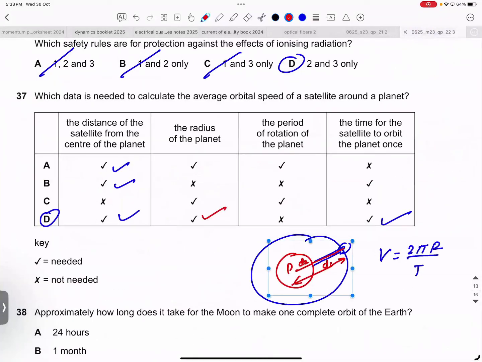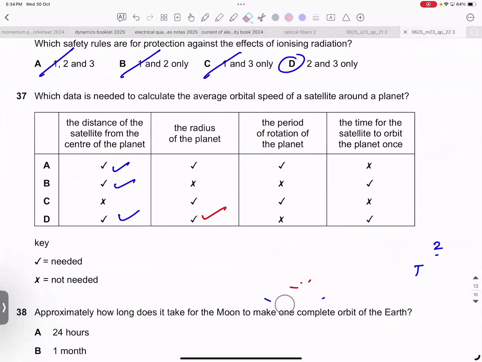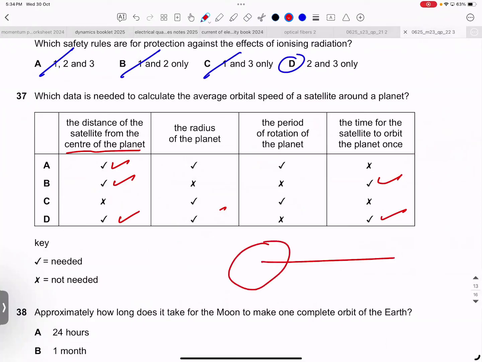Wait, no, it's wrong. Let's go back again. As I told you, this distance was already from the center of the planet. Yes, we need this and we need this. So we don't need the radius. It's B.